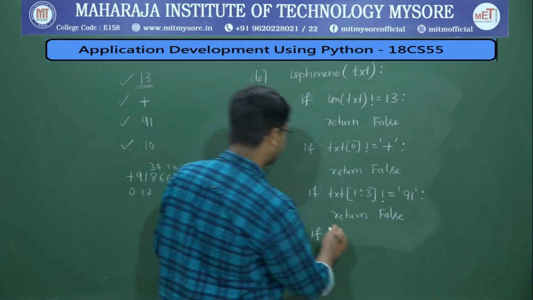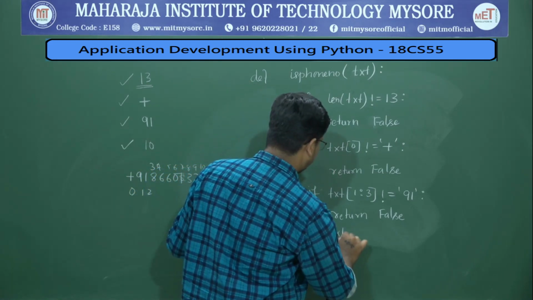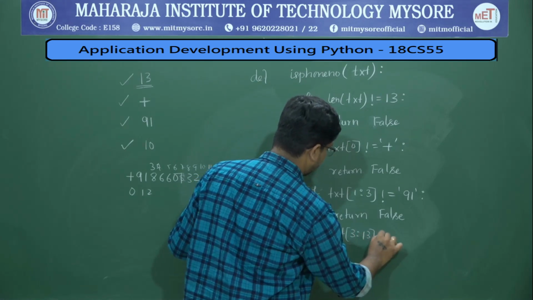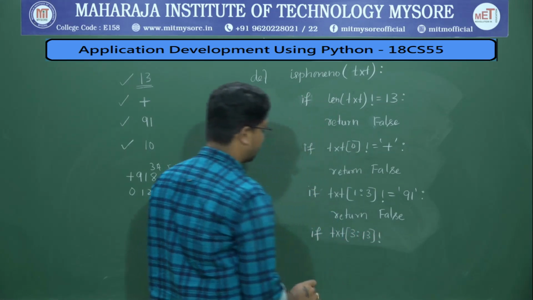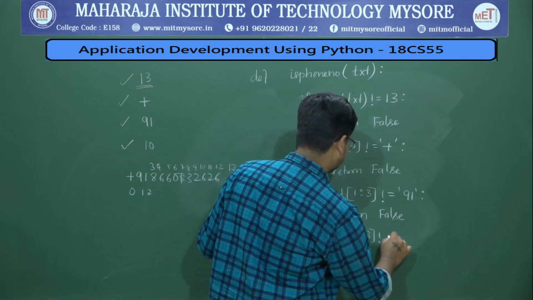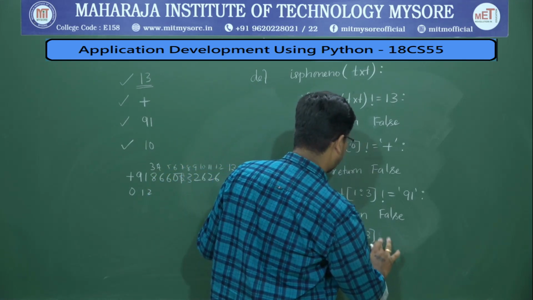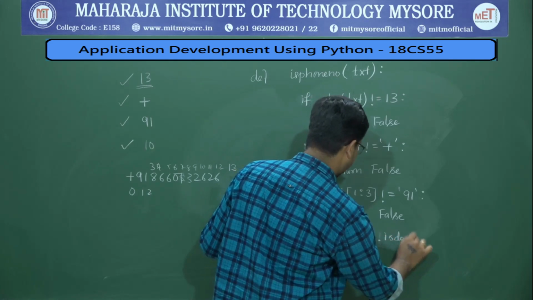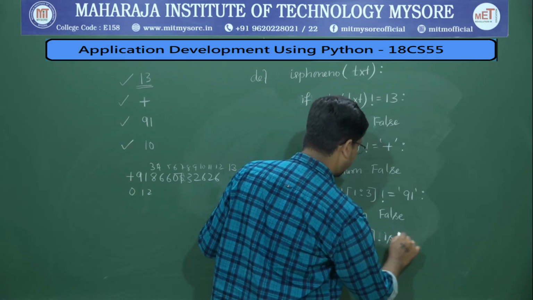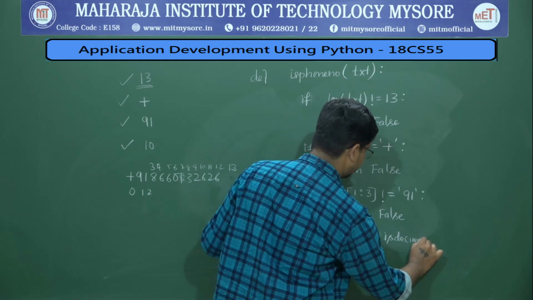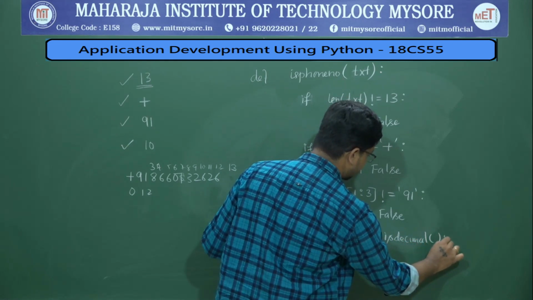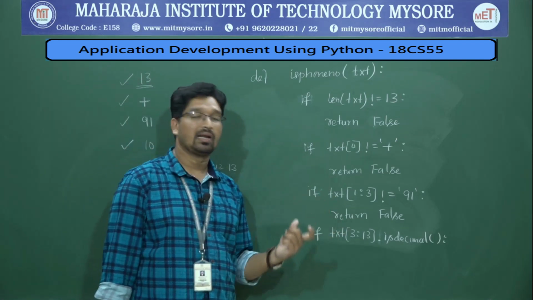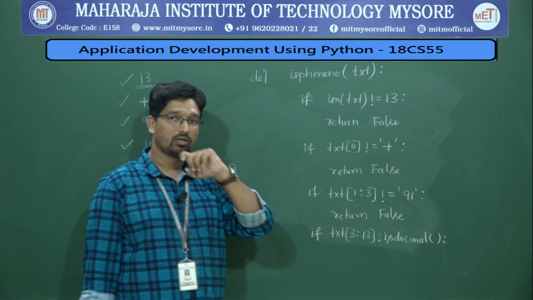If text of 3 to 13 dot isdecimal. There is a decimal function, the isdecimal function. It will check whether the particular text is decimal or not.